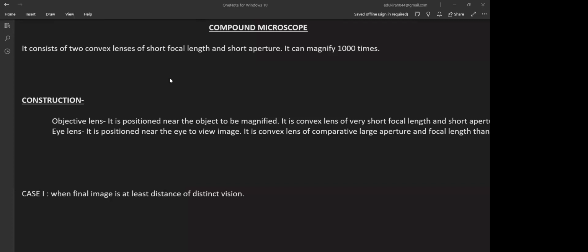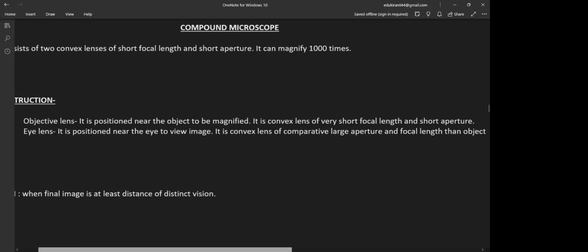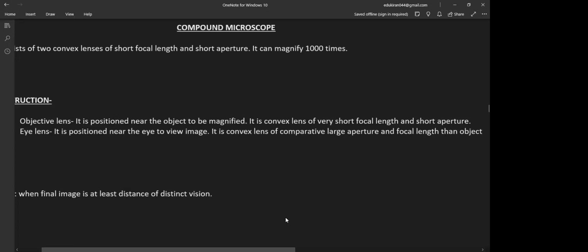Second microscope that you have is compound microscope. This is the last portion of microscope. So compound microscope has two lenses. It consists of two convex lenses, one of short focal length and short aperture, and it can magnify 1,000 times. So when you look at its construction, you will see objective lens. It is positioned near the object to be magnified.